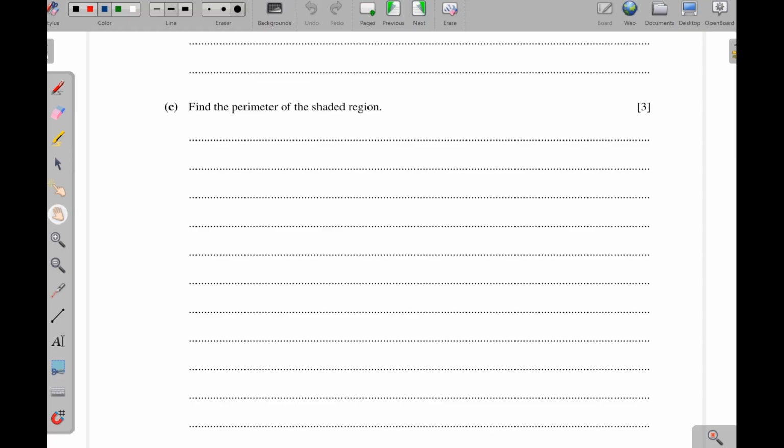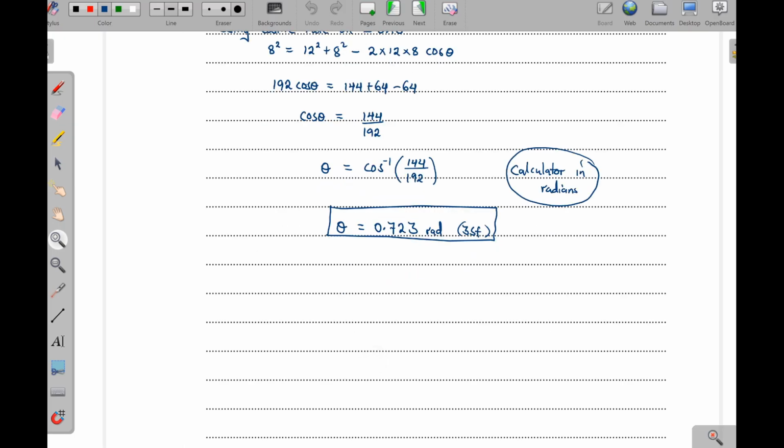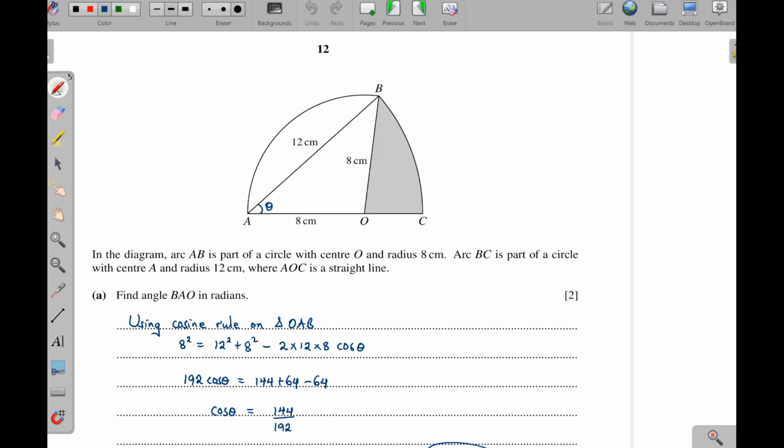Perimeter, we look at the lengths surrounding the given shape. Not so. So we need to find OC here. Then the length of this arc BC, already this one is known. Now, this one here is 12. Not so? It is the radius of this arc here, like I said before.